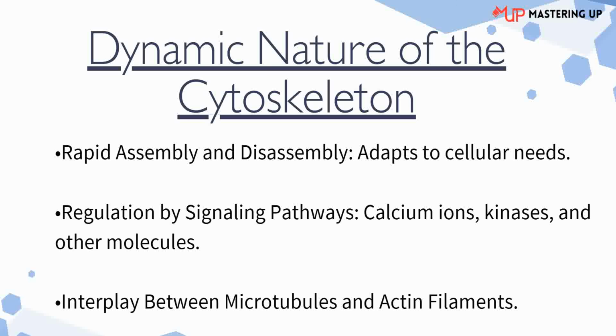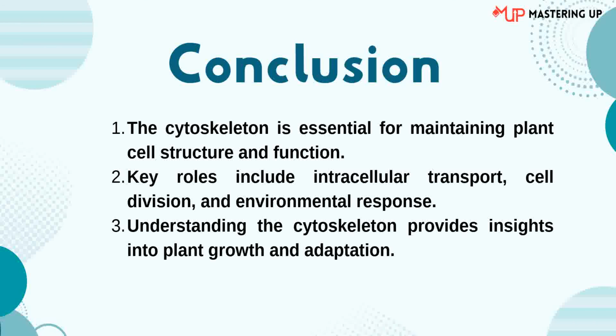For instance, in cell migration, actin filaments push the cell membrane forward, while microtubules help in stabilizing structure and positioning organelles. The coordination between these two structures is crucial for the cell to function properly and respond to various stimuli. Move on to the next slide.